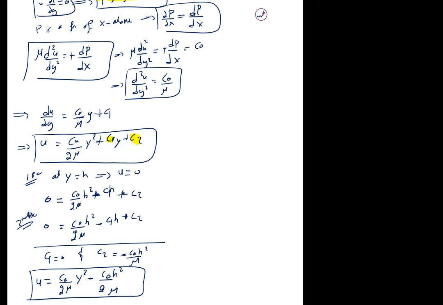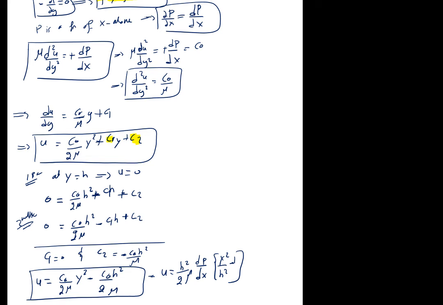This is solved. Furthermore, we replace our constant C0, which was dp/dx. We're going to end up with u equals h squared over 2 mu dp/dx. We factor, and we're going to end up with (y squared over h squared minus 1).